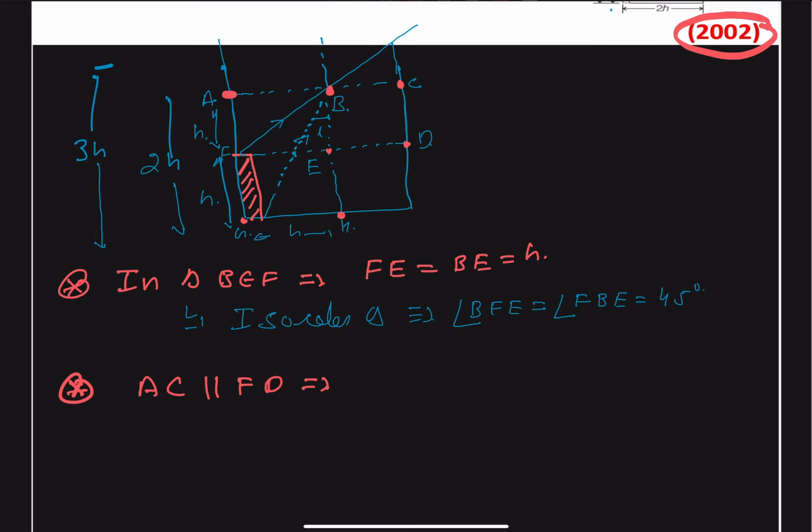So based on this, we can say that angle BFE will be equal to, let us call this J, so BFE will be equal to JBC and each will be equal to 45 degrees.